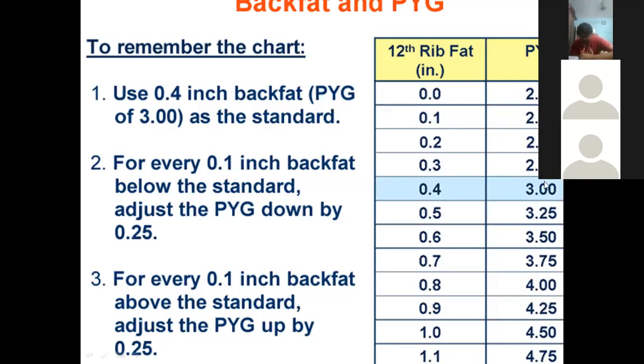Then the primary yield grade. For example, when you measure and the back fat is 0.4, then you can say the yield grade is 3. For every 0.1 decrease, the primary yield grade will decrease by 0.25. You got it? That is how they have done the grading system.